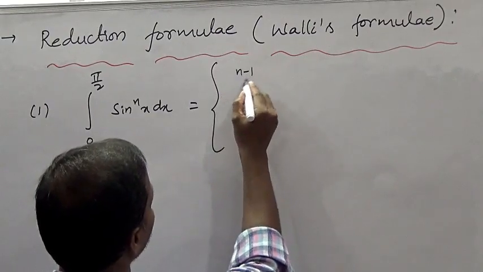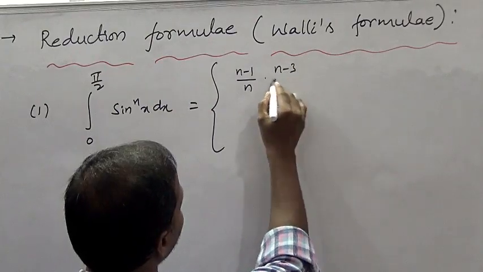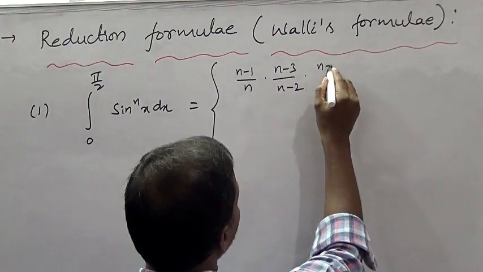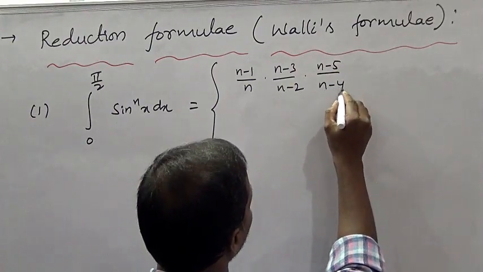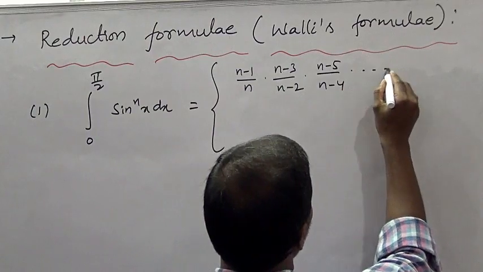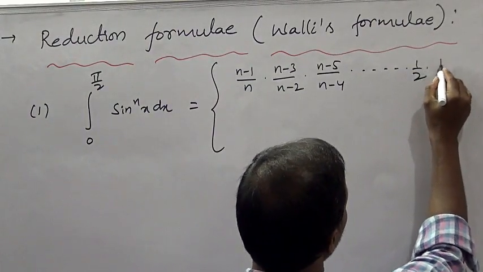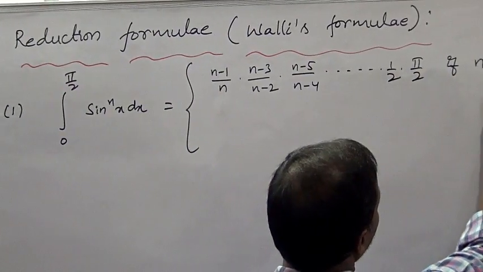n minus 1 by n into n minus 3 by n minus 2 into n minus 5 by n minus 4 into and so on, 1 by 2 into pi by 2 if n is even.